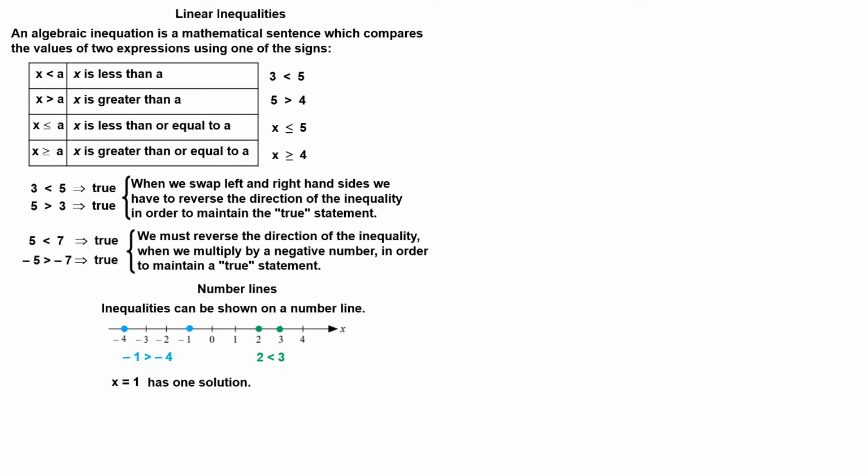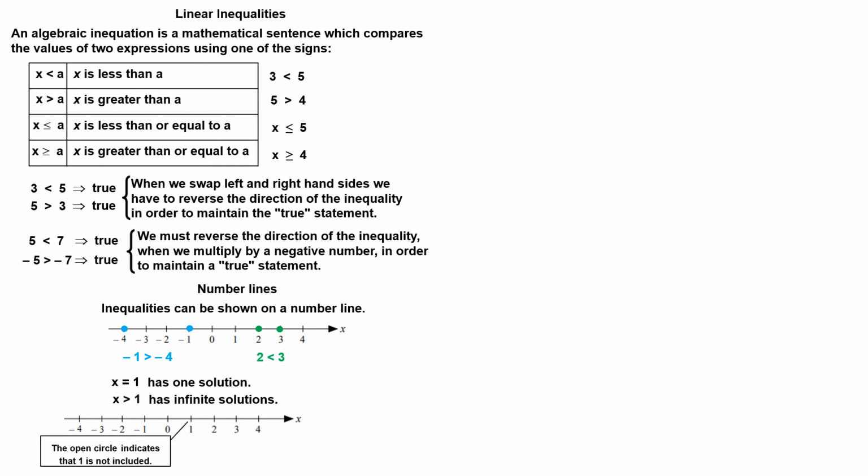X is greater than 1 indicates that any number greater than 1 will satisfy the inequation, and so there are infinitely many solutions. One way of showing x is greater than 1 is to use a number line. The arrow indicates that all values of x beyond 1 satisfy the inequation, and the open circle shows that 1 is excluded.